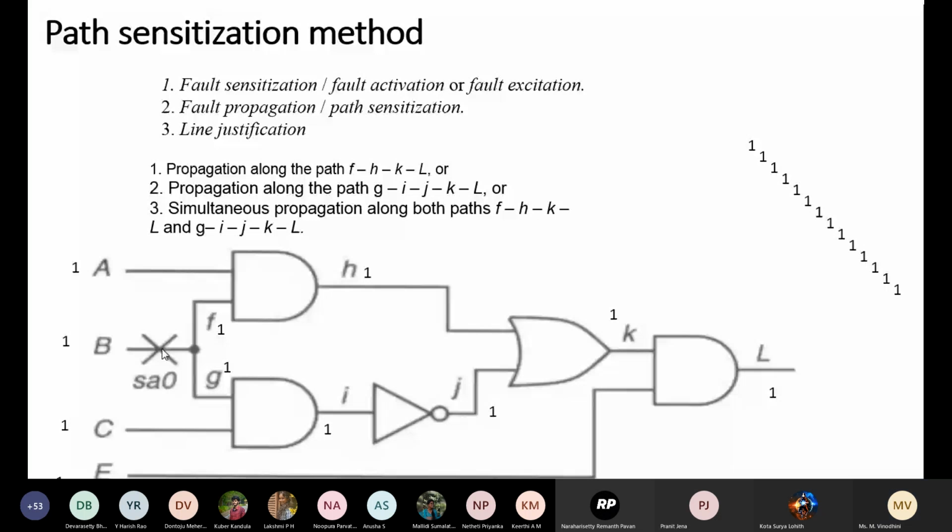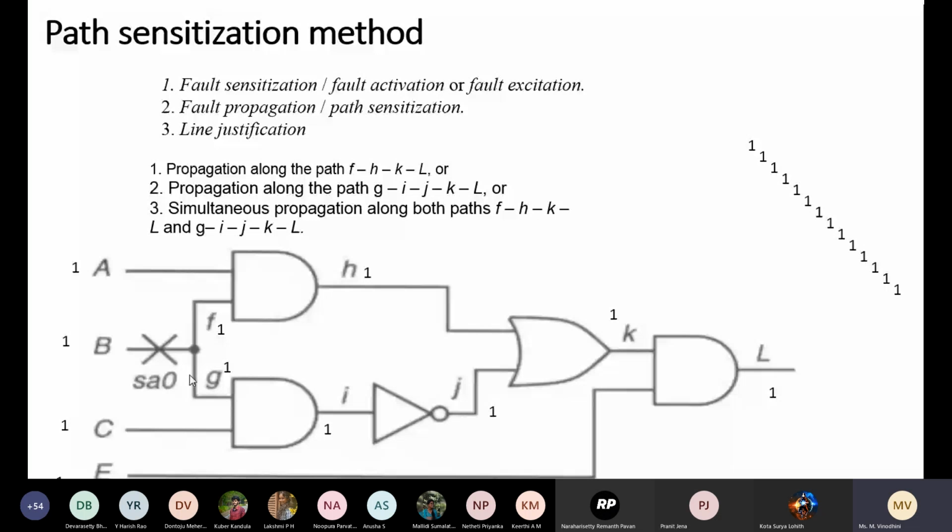For this fault to propagate, to travel through the circuit and reach the primary output, how many paths are there? One path is B, F, H, K, L. Another path is B, G, I, J, K, L. The third is through both simultaneously.